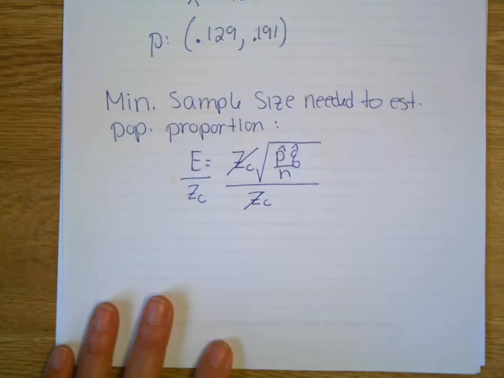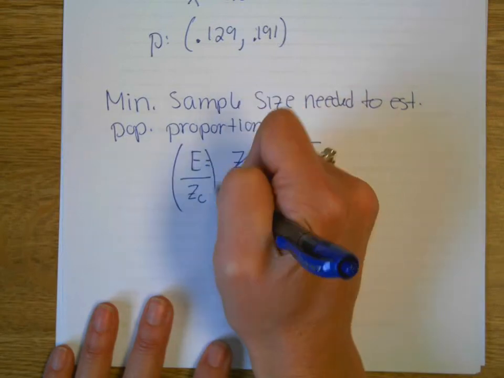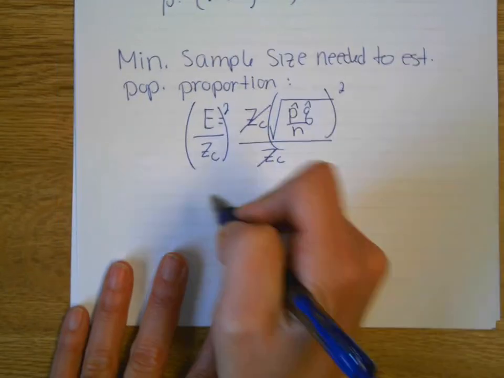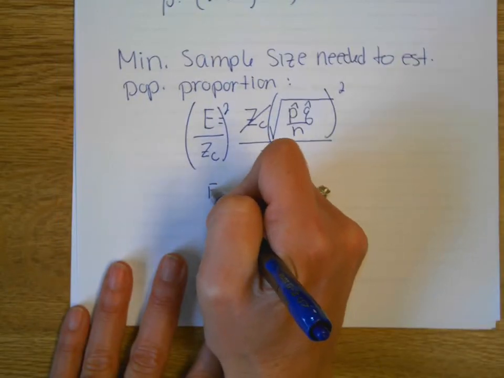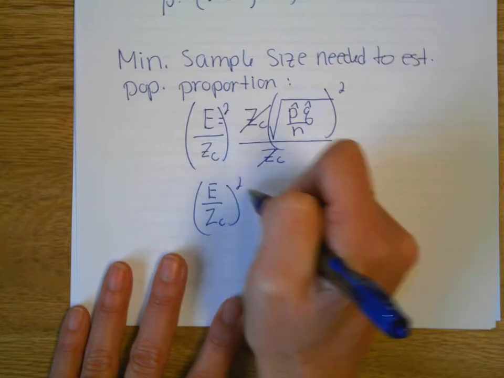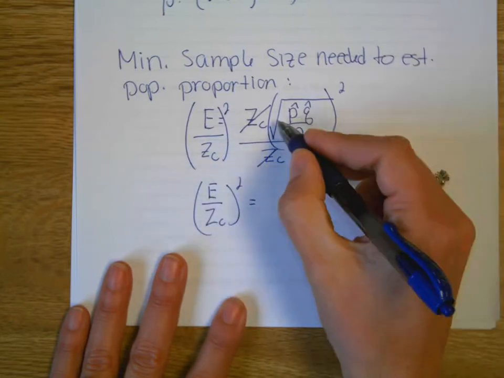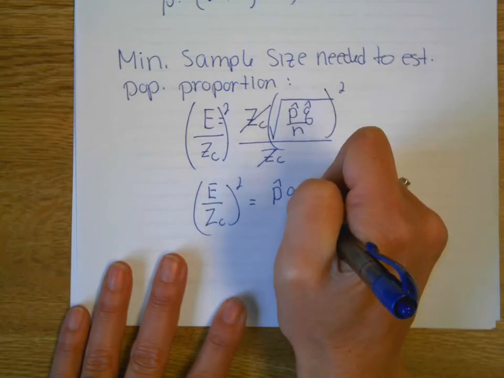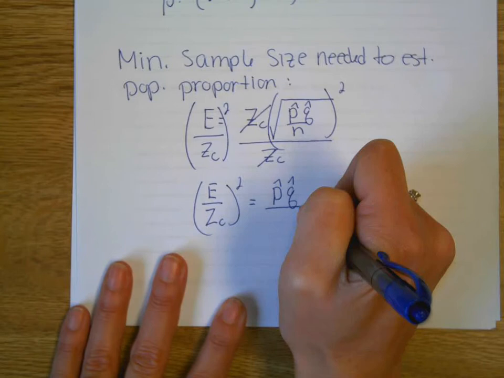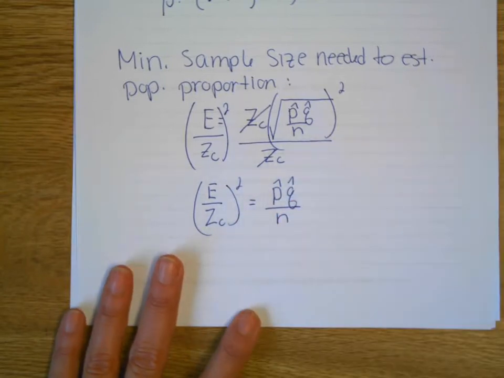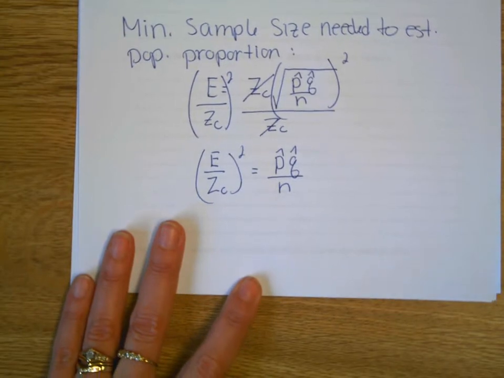Square both sides to get rid of that square root. So we're going to have the fraction E over Z squared equals, and then here the square root's going to be gone, P hat times Q hat over N. This one's a little tricky. What's next?